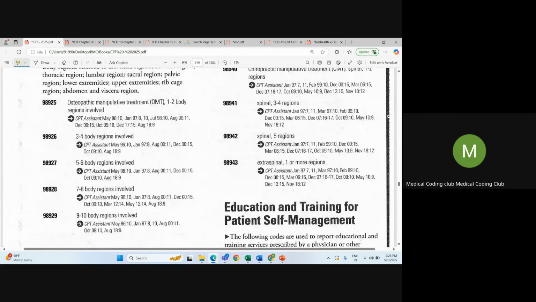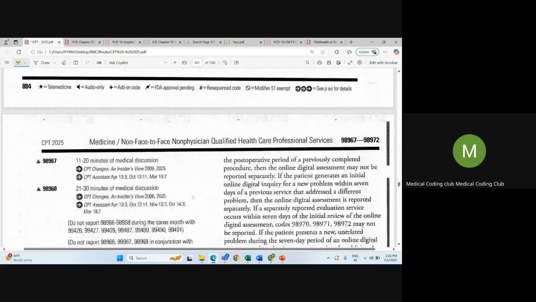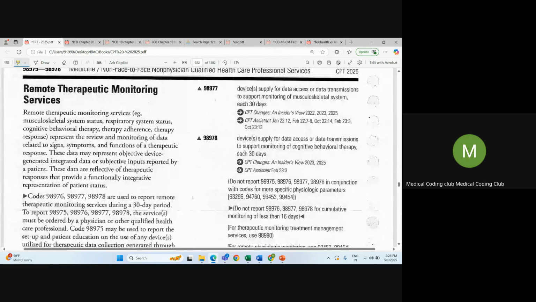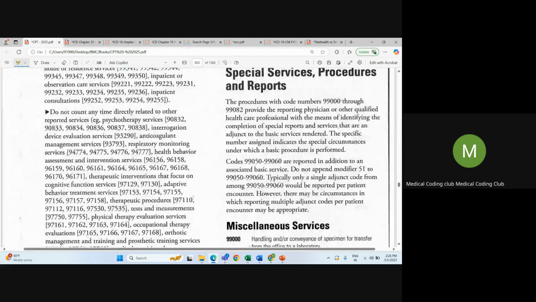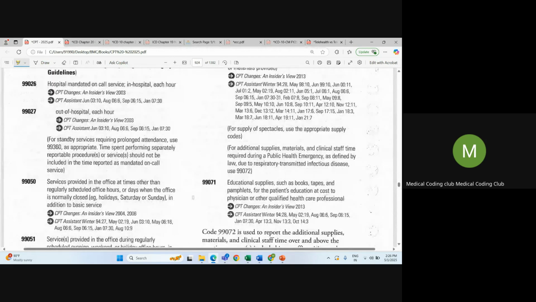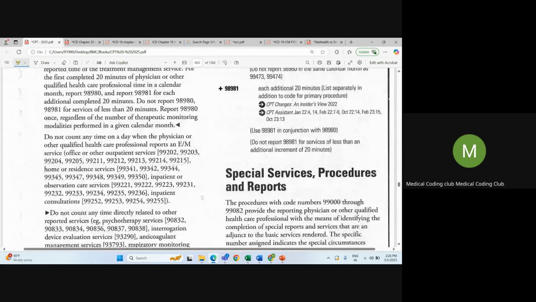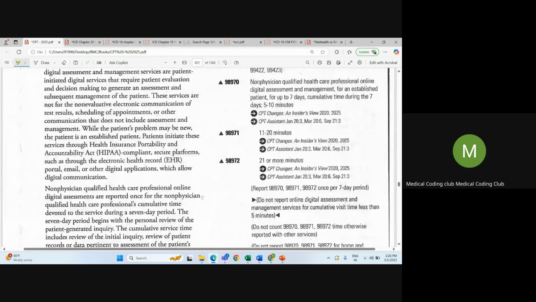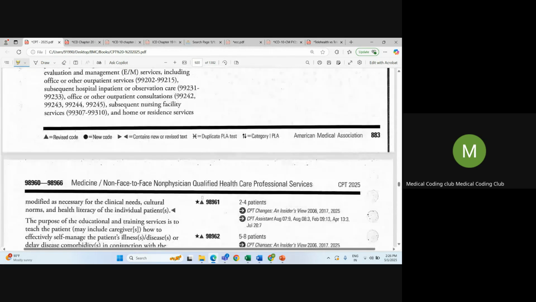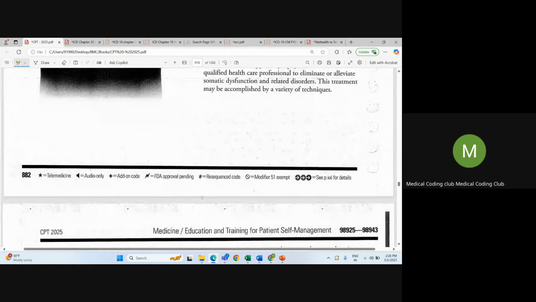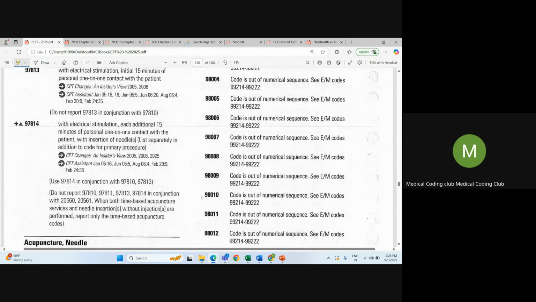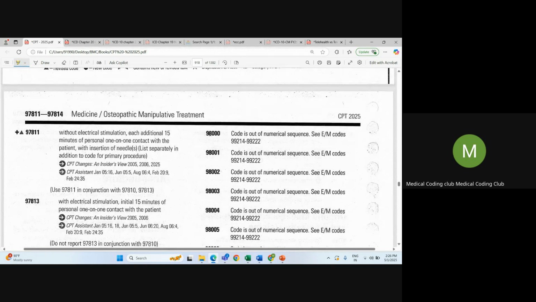So just see here. The code is out of numerical order. Just a minute, I'll show. You can see here, the 98000 code is out of numerical order.